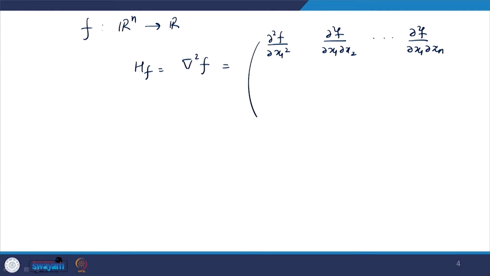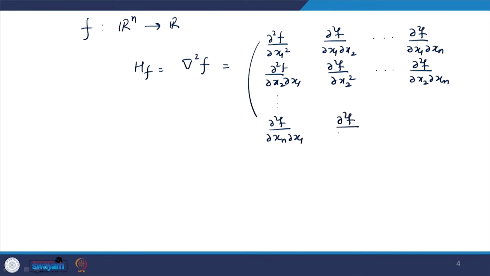So, it is del square f upon del x2 del x1, del square f upon del x2 square, del square f upon del x2 del xn, and here it is del square f upon del xn del x1, del square f upon del xn del x2, up to del square f upon del xn square. So, this n cross n matrix is basically called the Hessian matrix of f.